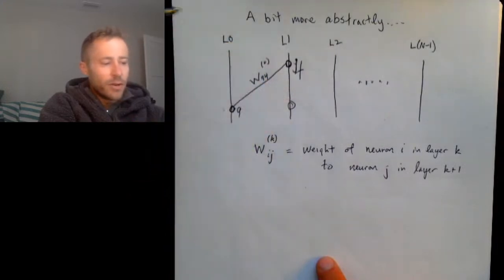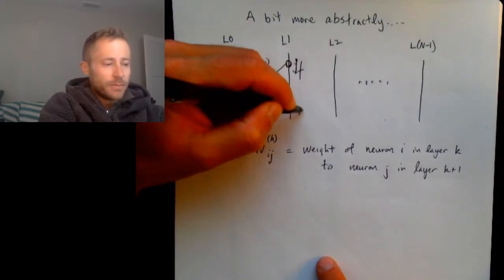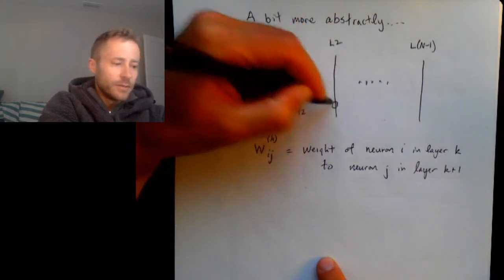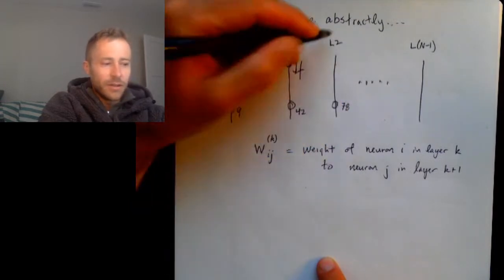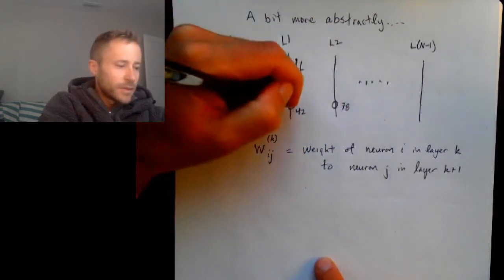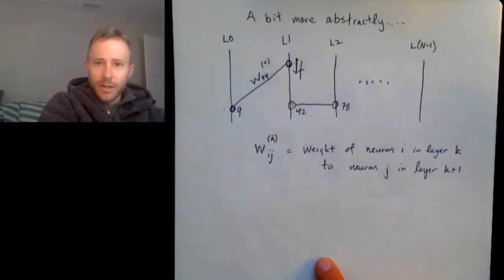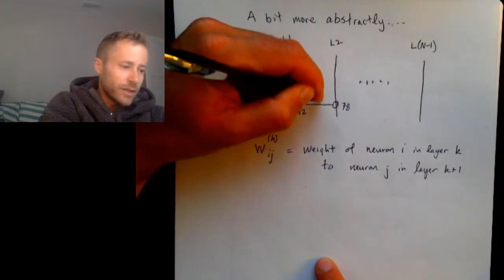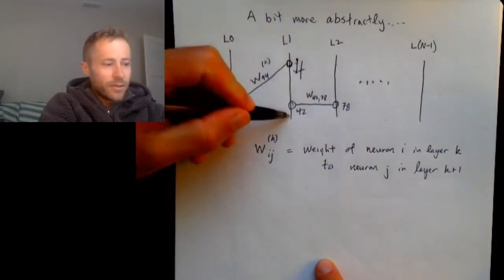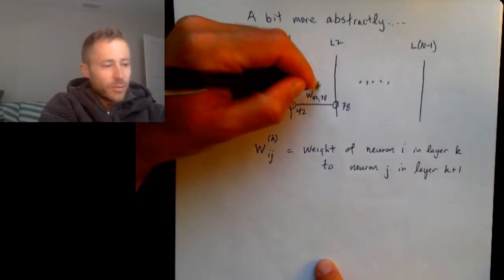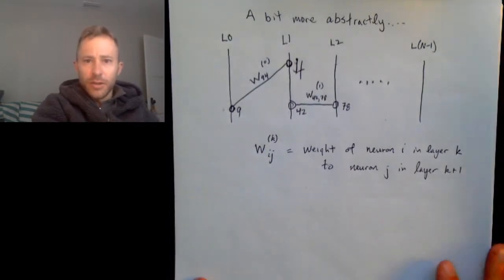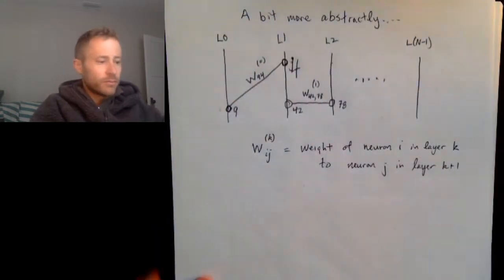Maybe we have neuron 42 in layer 1 connects to neuron 78 in layer 2. So the link weight that connects those two would be W42 to 78, and it starts in layer 1, so I would put parentheses 1 up above it. Okay? So that's how the notation for link weights works. Okay?